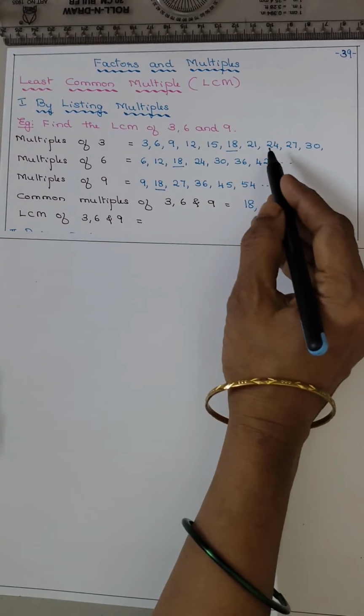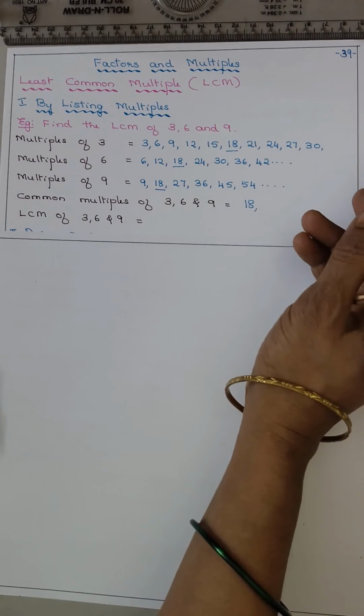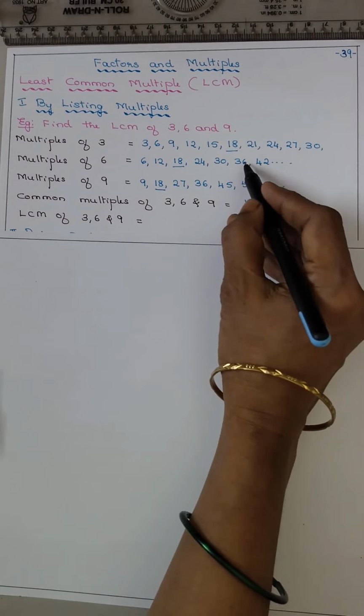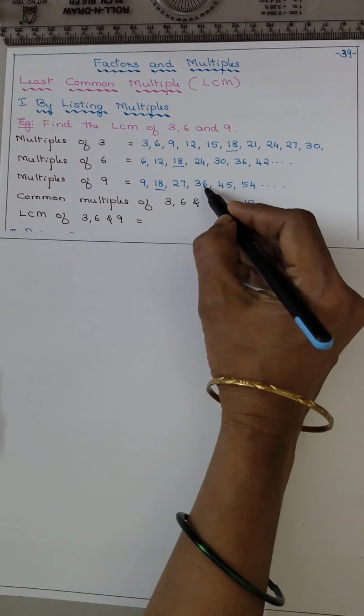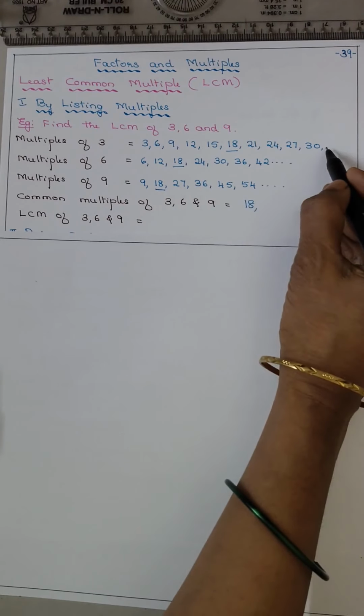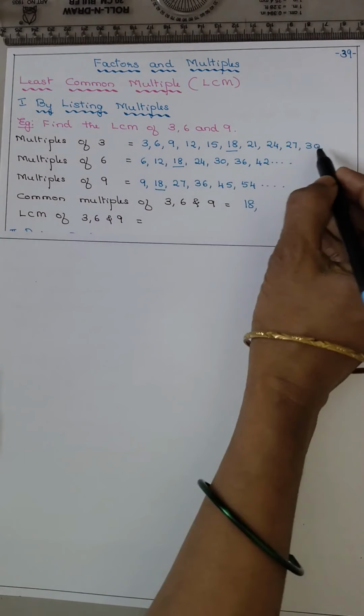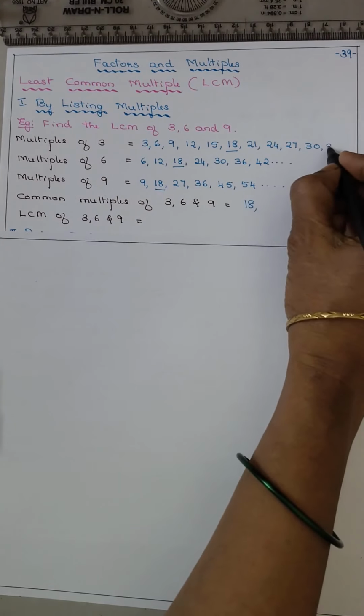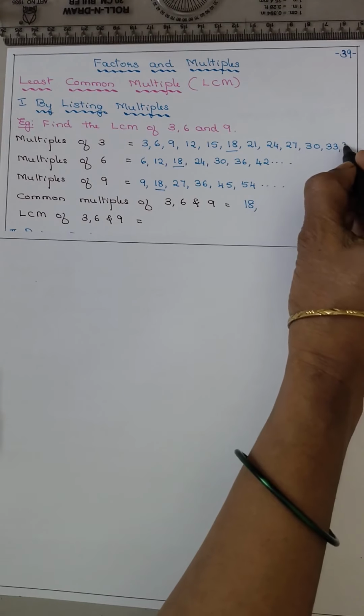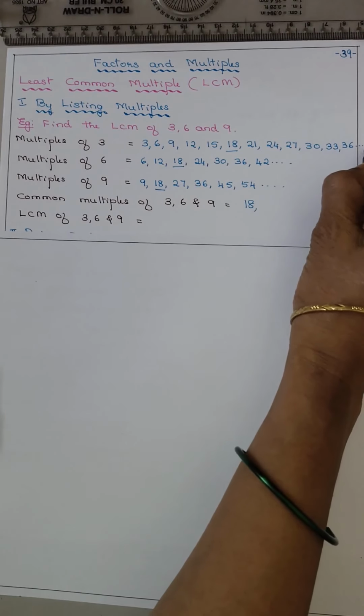Now next will be 18 2s are 36. So here 36 there, here also 36 is there. But here we have not written, so continue. 3 10s are 30, 3 11s are 33, 3 12s are 36 and it continues.